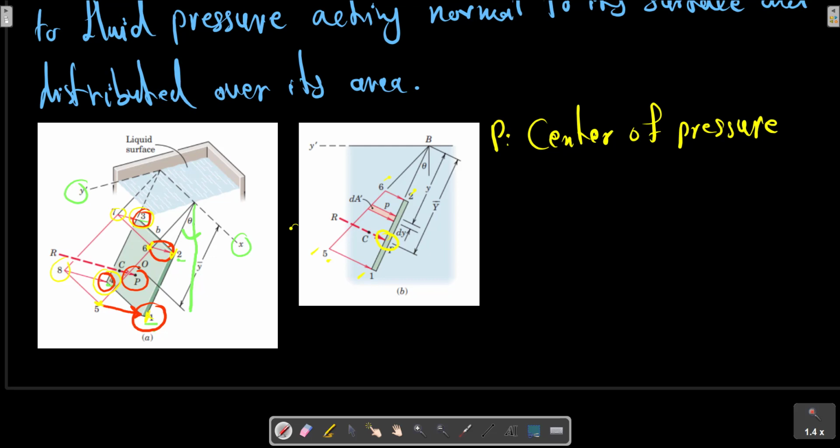Thus we may analyze the problem from the two-dimensional view of a vertical section, as shown in the picture here. For this section, the pressure distribution is trapezoidal.